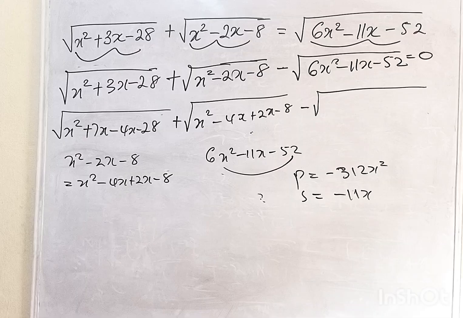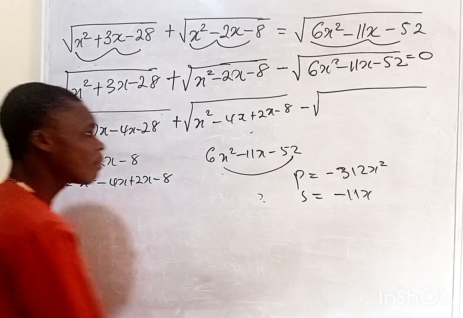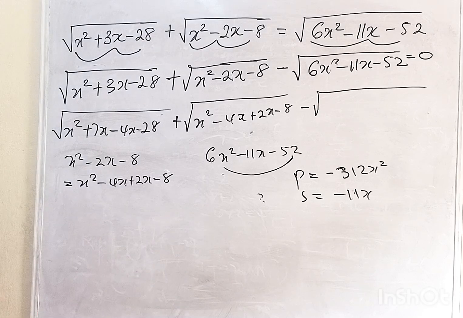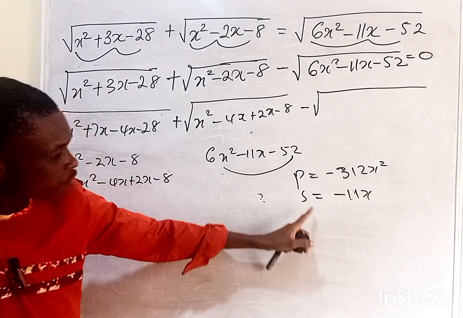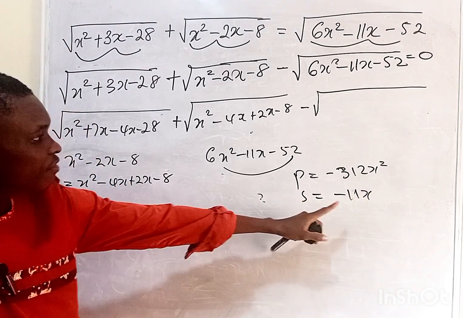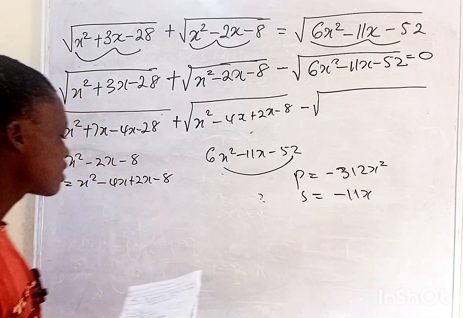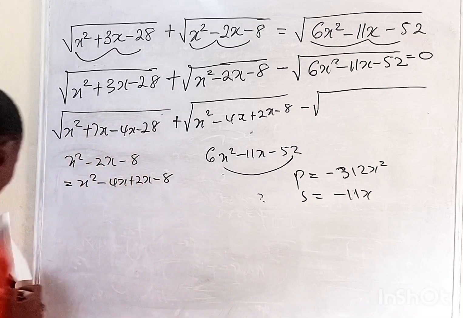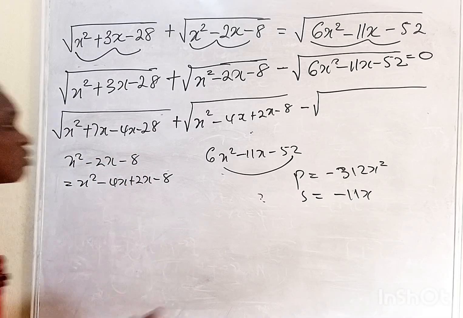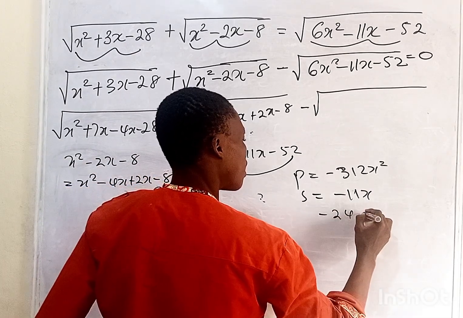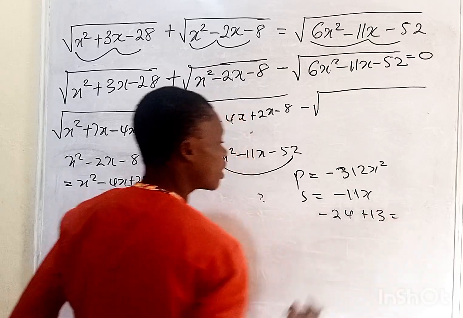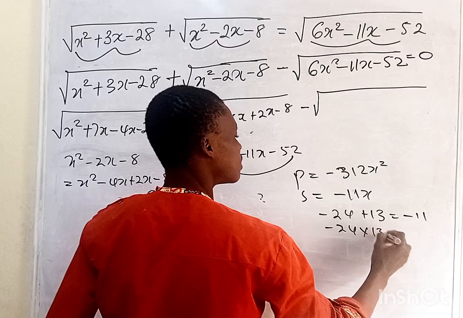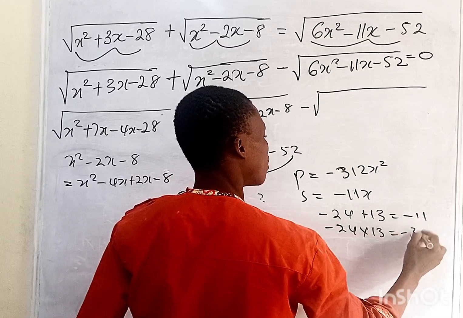All right. So from here, we need two numbers that if we multiply them, we'll have 312, and if we add or subtract them, we'll have minus 11x. And clearly, we found out that those two numbers are minus 24 and 13. So here it becomes minus 24 plus 13. Minus 24 plus 13 gives us minus 11, and minus 24 times 13 gives us negative 312.